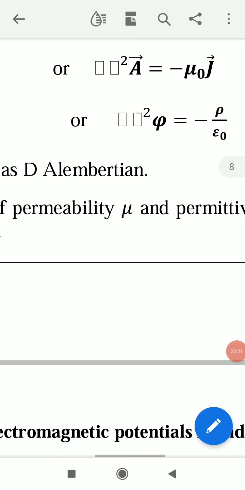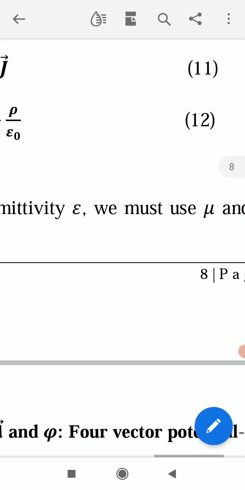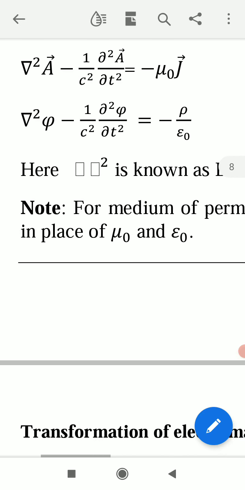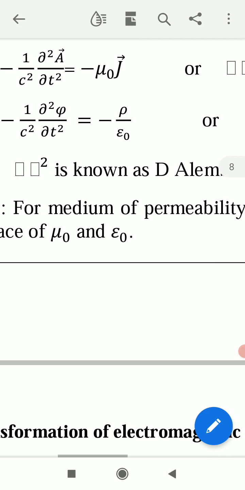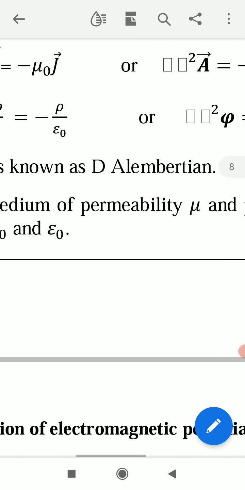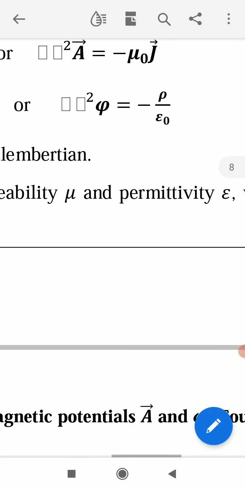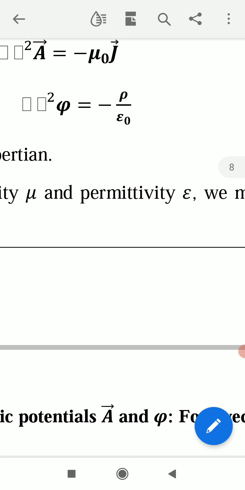For a medium of permeability mu and permittivity epsilon, we must use mu and epsilon in place of mu 0 and epsilon 0. In vacuum or free space, we use mu 0 and epsilon 0. And for a medium of permeability mu and permittivity epsilon, we use mu and epsilon in place of mu 0 and epsilon 0.